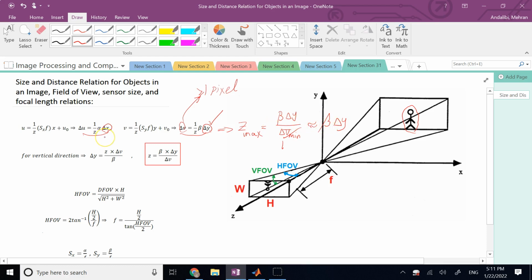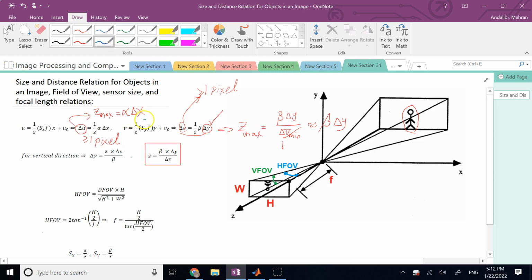In the horizontal direction, from the horizontal formula, you can say, again from here, that your Z max is going to be alpha times delta x. Correct? Because, again, you can say this guy is bigger than or equal to 1 pixel.